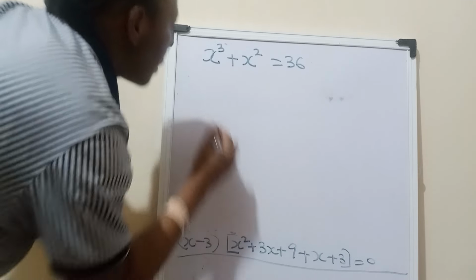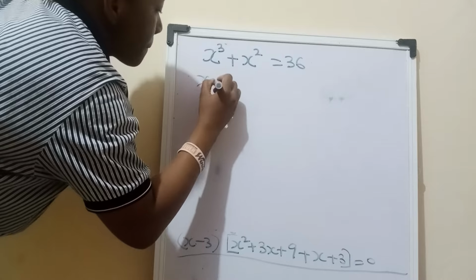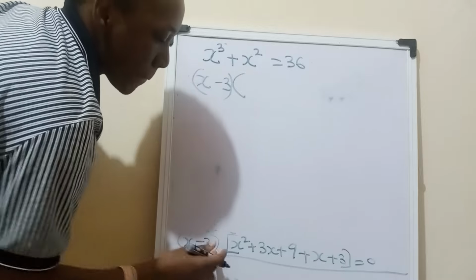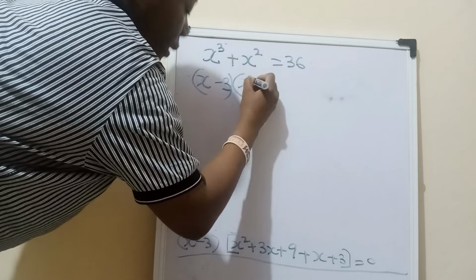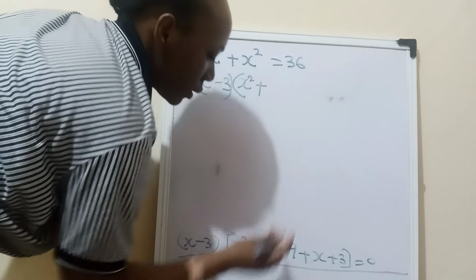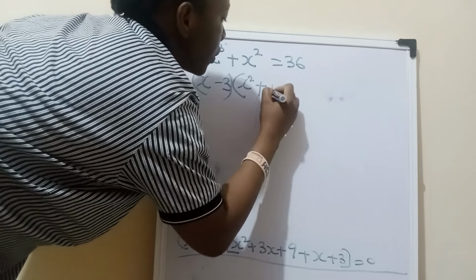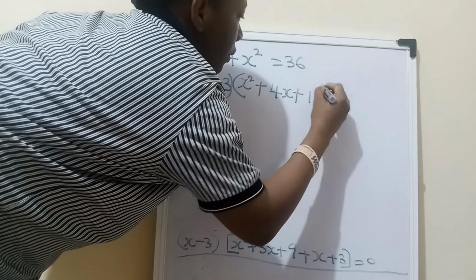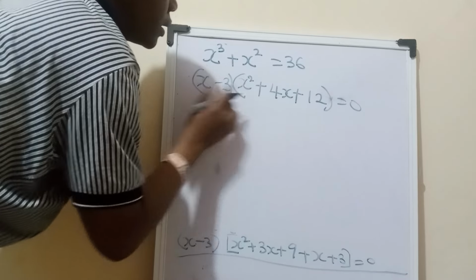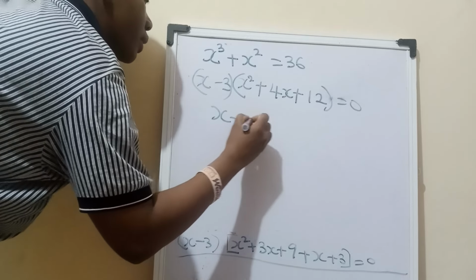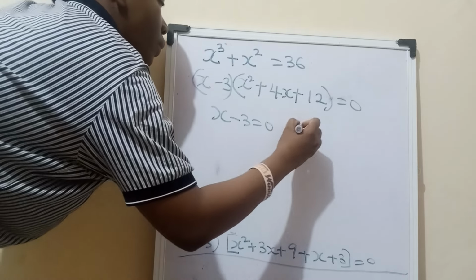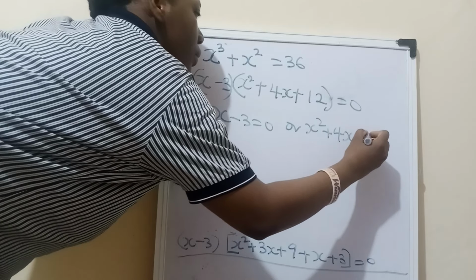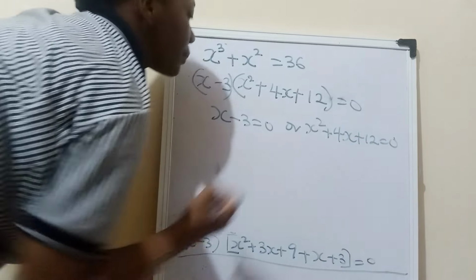Okay, so we have x minus 3, and then this is x squared plus this, 4x, 9 plus 3, 12. Now x minus 3 is equal to 0, and x squared plus 4x plus 12 equal to 0.